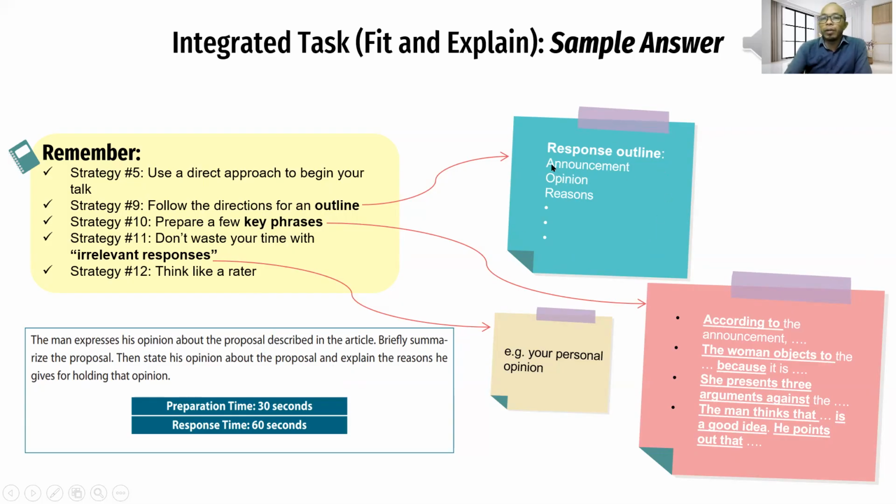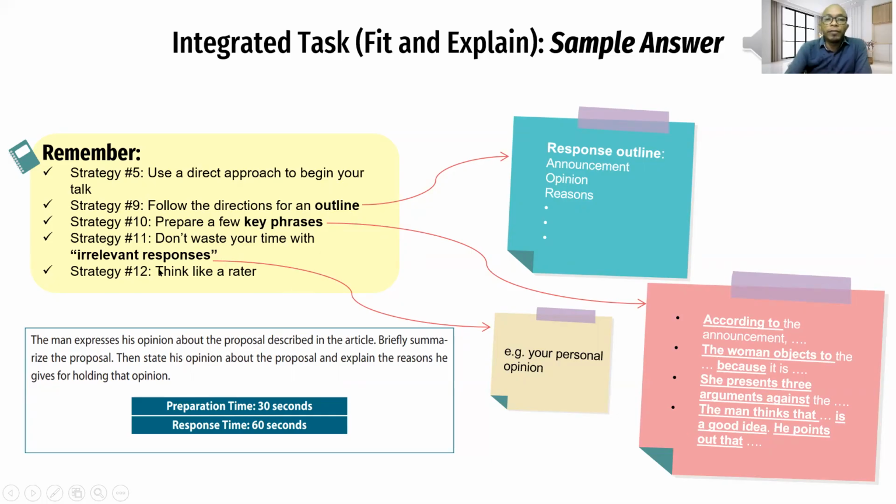So you will start with a summary of the announcement, the passage, and then the opinion of the student, in this case, the man, and then his reasons for holding that opinion. Then prepare a few key phrases such as this that will help you get going, especially when you are stuck.